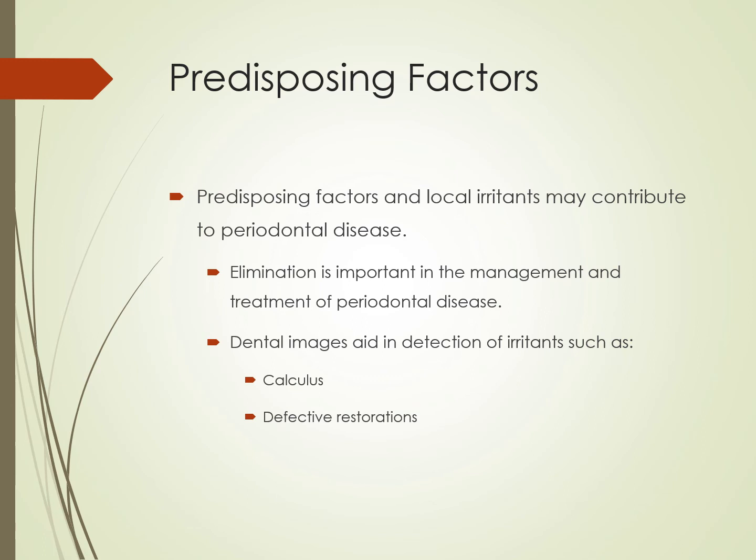We can't stop periodontal disease. We can't do their SCRP and then maintain their periodontal disease and their bone level if they're not willing to stop doing whatever it is that's causing the bone loss. Like if they're a smoker and they have diabetes and they don't brush their teeth and we clean their teeth and then we see them back 4 to 6 weeks later, they're still going to have the same issues. The bone loss is still going to continue because they haven't stopped doing what's causing it.